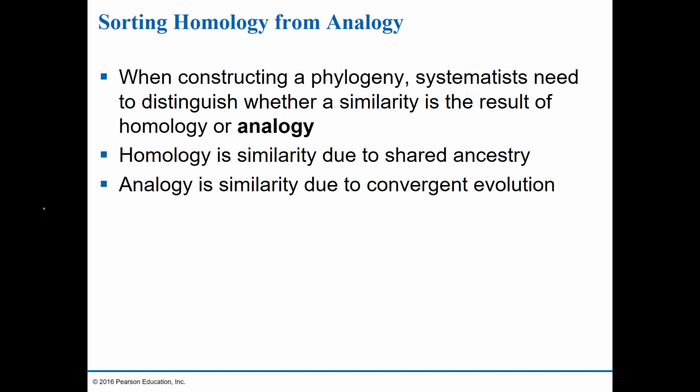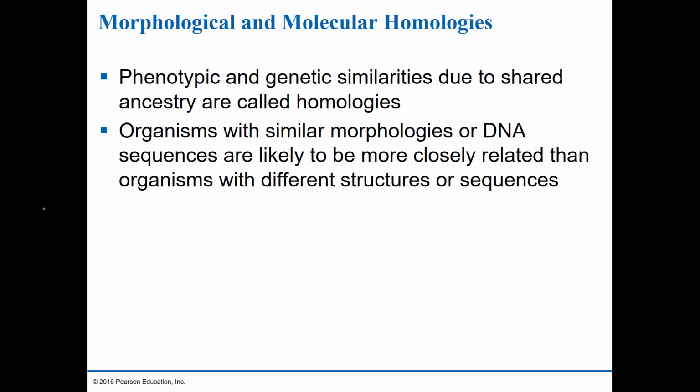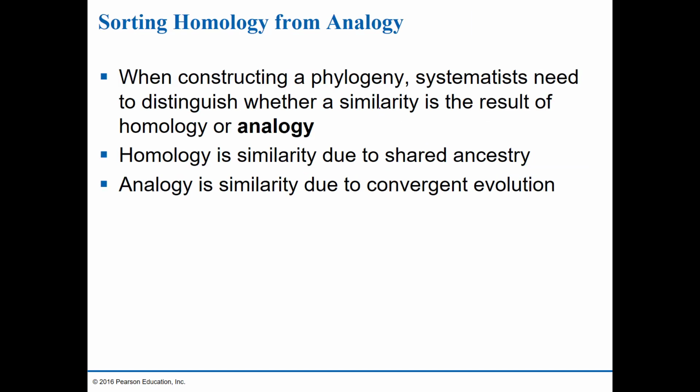So when you are constructing a phylogeny, systematists need to distinguish whether the similarity is a result of homology, which means phenotypic and genetic similarities due to shared ancestry, or whether it's an analogy. Analogy is due to convergent evolution. So an analogy would be like the development of wings in birds versus bats. Well, they're different groups, right?